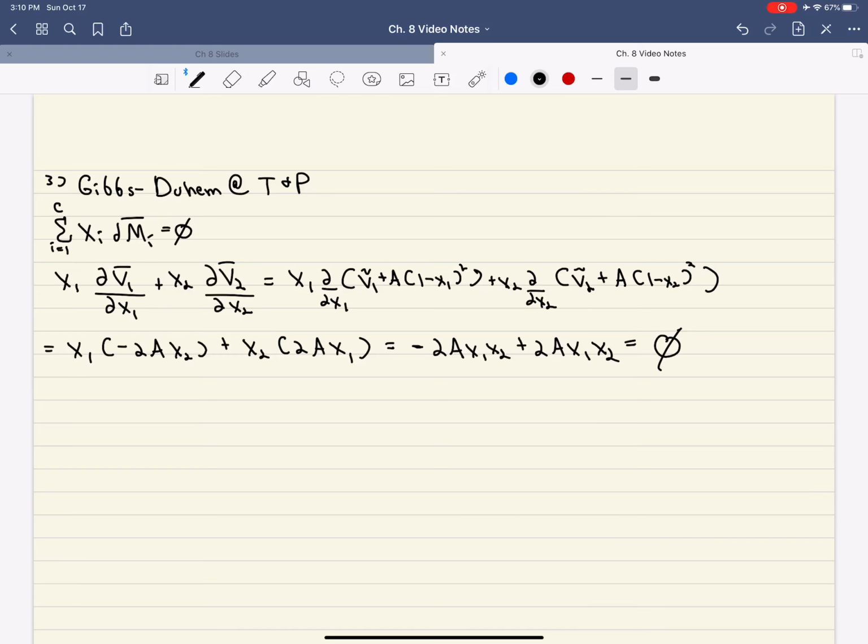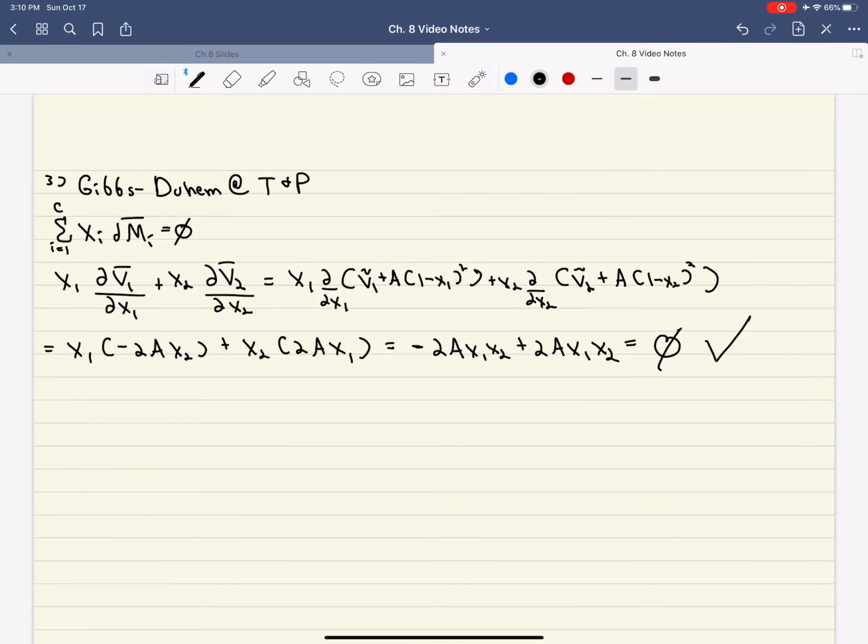And so this tells us that the model we proposed for delta V mixing not only passes the Gibbs-Duhem test, it also passes the check for additivity and satisfies the limits we expect for the pure species.